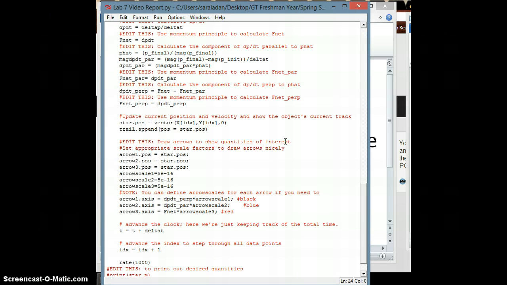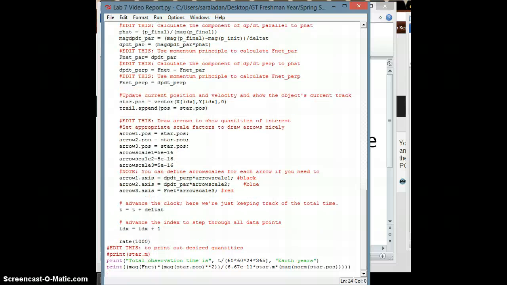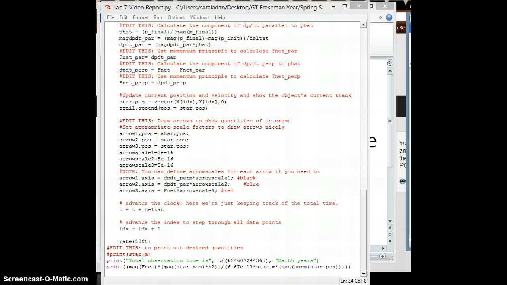So for the what does this mean question, this means that the value of Fnet and dp dt are equal, just like the values of the perpendicular components of Fnet and dp dt are equal, and the parallel components of Fnet and dp dt are equal. However, what these represent varies.